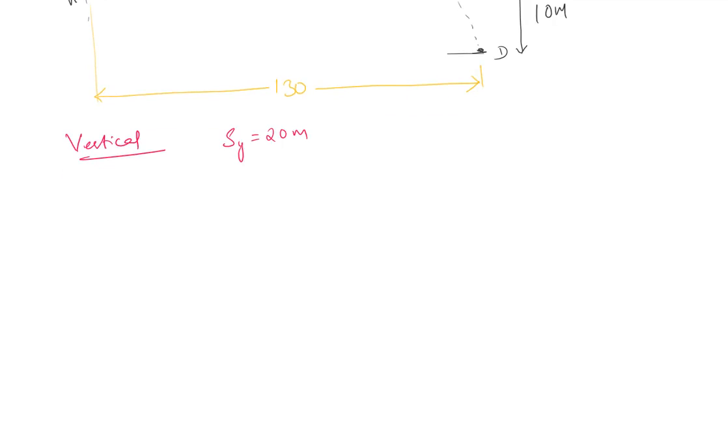Initial velocity we don't know, right? Final vertical velocity is 0. Initial vertical velocity we don't know. Of course we know the acceleration. So let's go about it. We'll use our formula: v squared minus u squared is 2as, in this case 2gs.